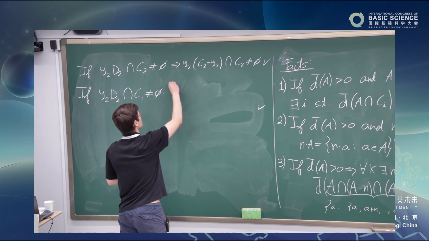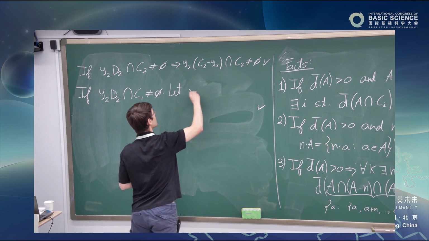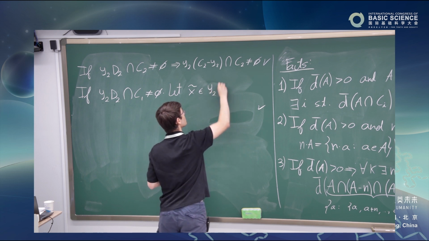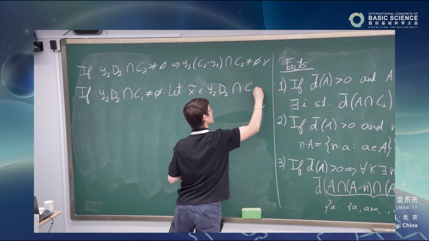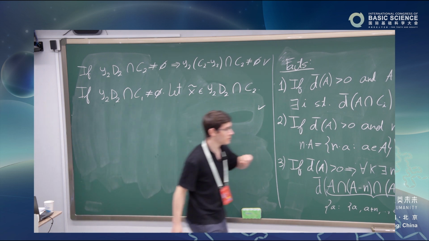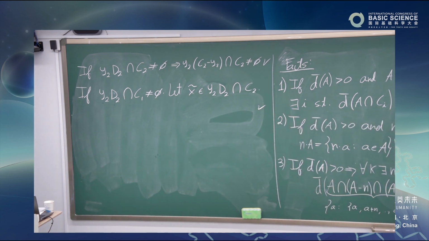So let's see. Let x tilde be in this intersection of y2, B2, and C1. Now, unfortunately, we need to look through this. Every element in D2 is in B2, and every element in B2 is a multiple of y1.